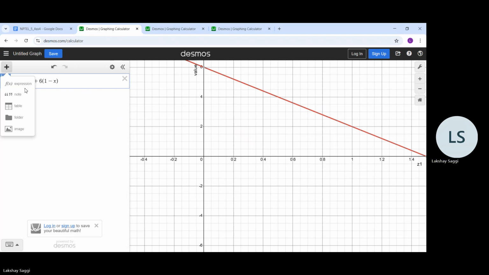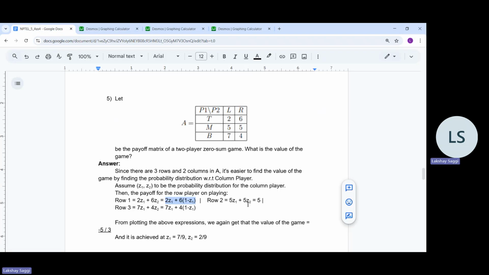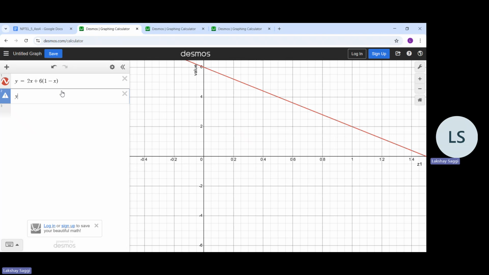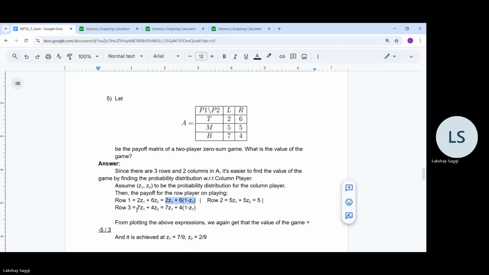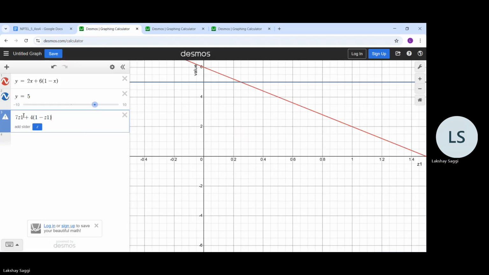The second expression is y equals 5. And the third expression is y equals 7x plus 4 times 1 minus x. So these are the three expressions we want.